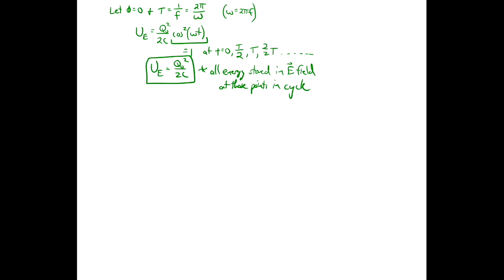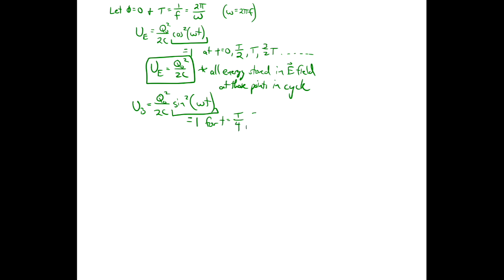So we could say that UB is equal to Q naught squared over 2C times the sine squared of omega t. And again, this is going to be equal to 1 for basically all the intermediate points from above. So halfway in between 0 and half through the period is going to be a quarter of the way through the period.